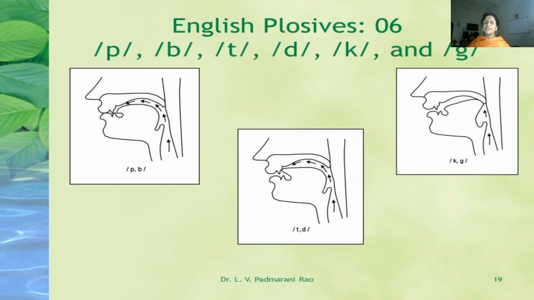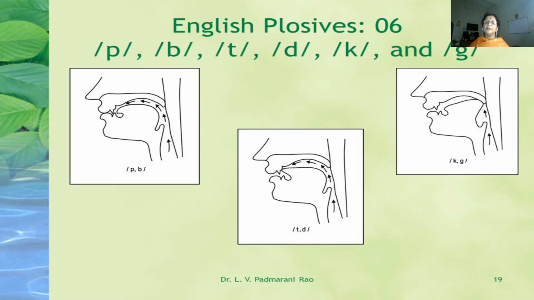Thus, the English language has six plosives. P and b are bilabial plosives, t and d are alveolar plosives, and k and g are velar plosives, of which p, t, k are voiceless, but they have a special feature called aspiration in English, which is the pronunciation of a slight h sound when these sounds p, t, k occur in the initial position of the accented syllable.